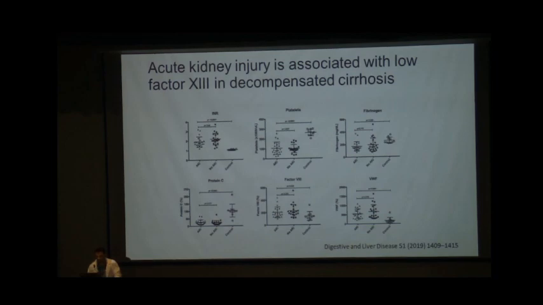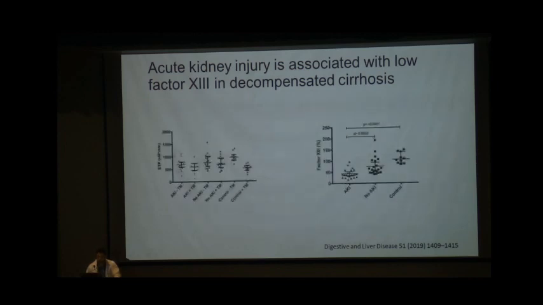This basically shows that in the presence of AKI, the INR, platelets, fibrinogen, von Willebrand factor, protein C, and factor 8 are comparable in patients with cirrhosis and AKI and cirrhosis with no AKI. The thrombin generation in the presence of thrombomodulin was also comparable between the patients with AKI and no AKI.